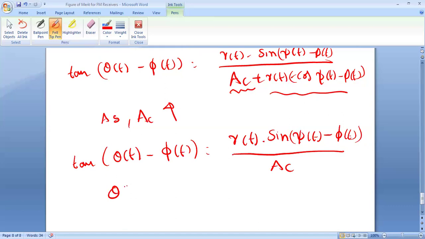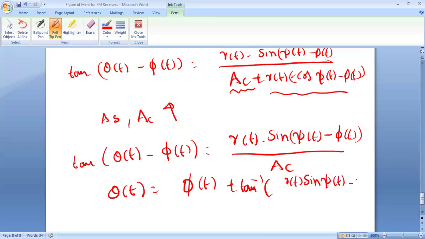From which you can directly obtain theta of t equals phi of t plus tan inverse of r of t sin psi of t minus phi of t by Ac. This is the instantaneous phase angle that is going to vary depending on the message component.